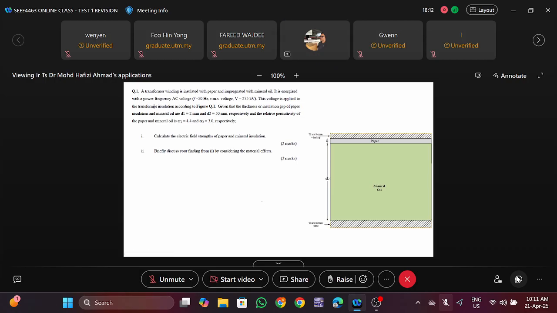I need the E1, which is the E of the paper. It is equal to the voltage divided by D1 plus D2 epsilon R1 over epsilon R2.